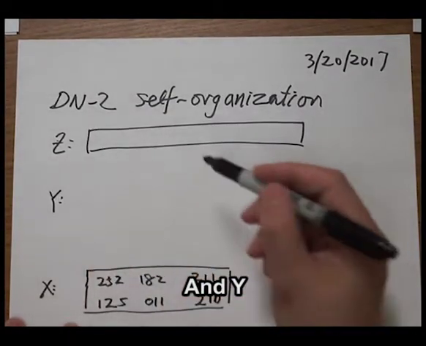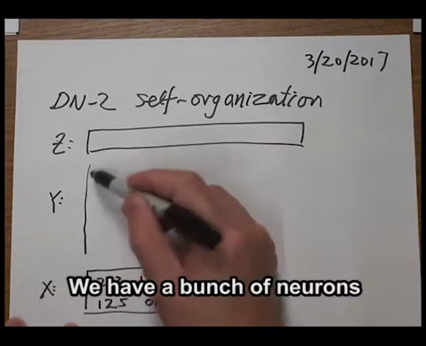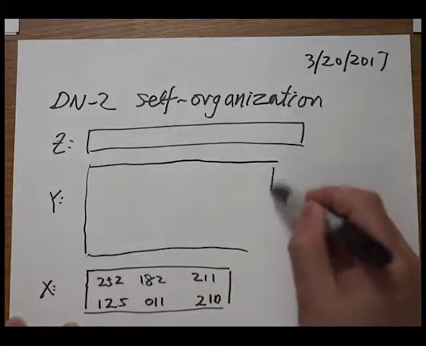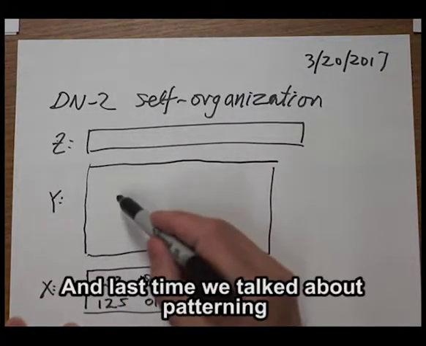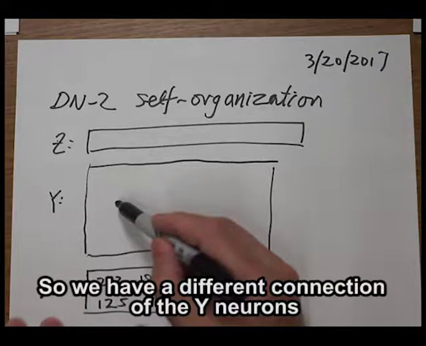And Y, we have a bunch of neurons. And last time we talked about patterning, so we have a different connection of the Y neurons.